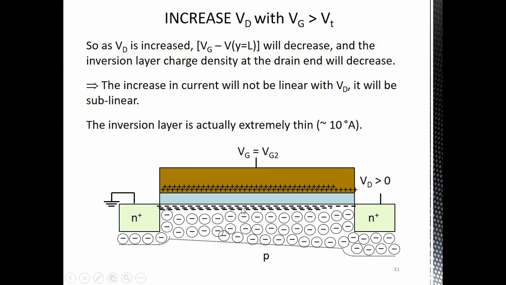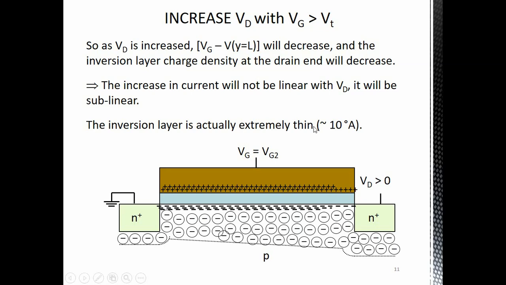Now, if the potential varies, what that means is that the electron density at any point in the channel is going to be varying also, because if this is 0.9, that's a larger vertical electric field, and therefore more electrons will be present here. This difference is 0.6, so fewer electrons will be present here.